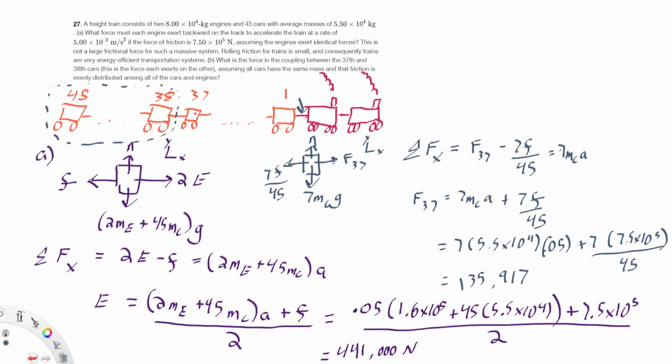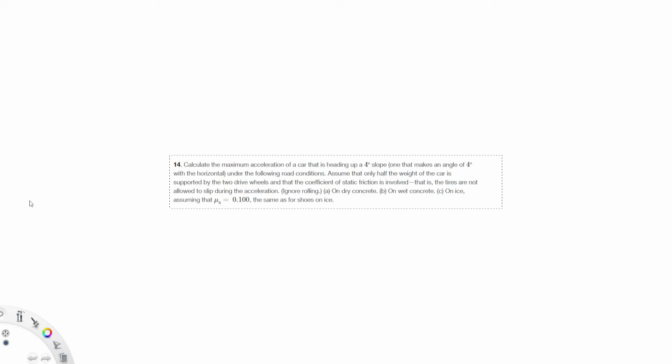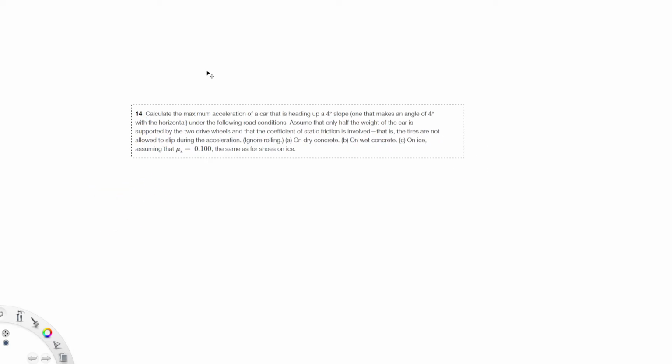Take a snip here. What threw me off was the part about only considering 2 drive wheels and using that to set up the problem.